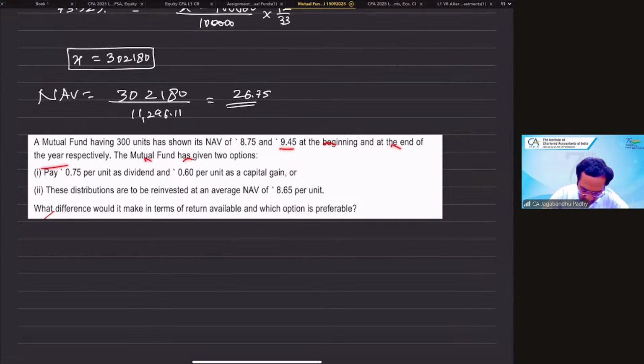The mutual fund has given two options: pay 0.75 per unit as dividend and 0.6 per unit as capital gain, or these distributions are to be reinvested at an average NAV of 8.65. What difference would it make in terms of return available, and which option is preferable?